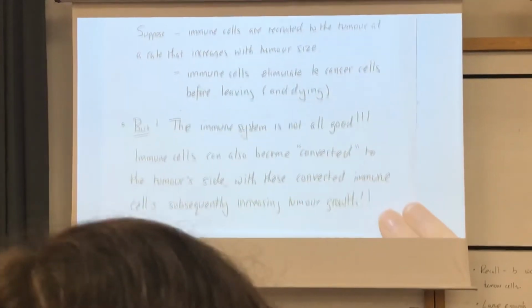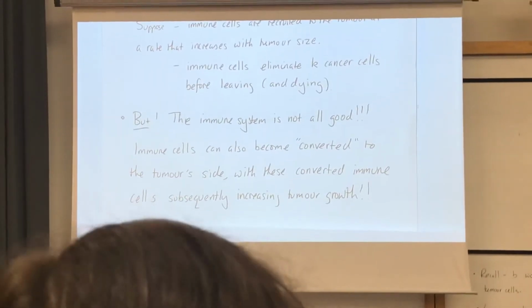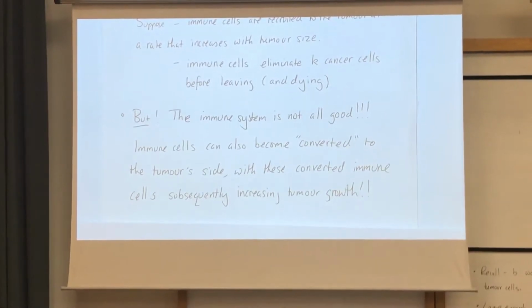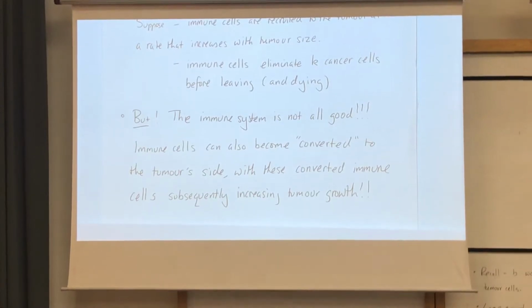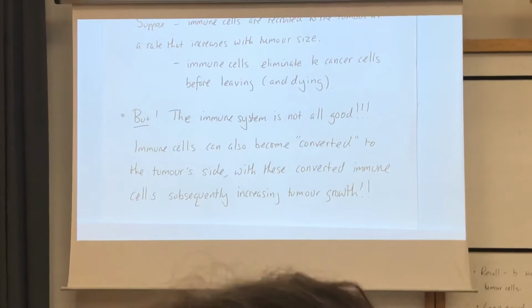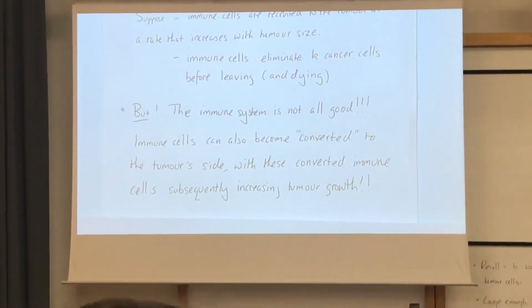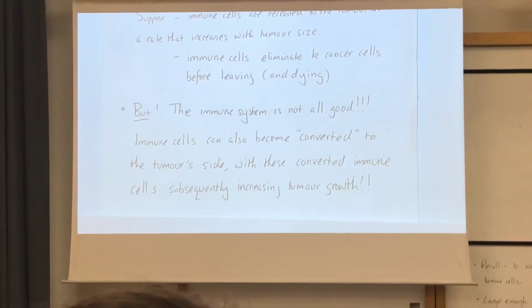So, sometimes immune cells can be effectively converted to aid the cancer. So, the cancer, basically by changing its environment, corrupts the immune system so that they start working for the cancer rather than for our body.